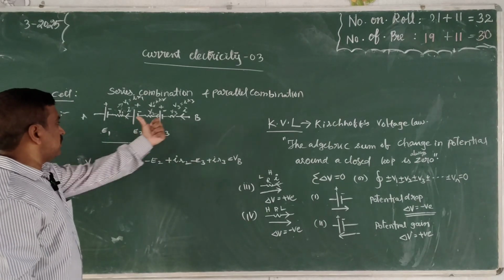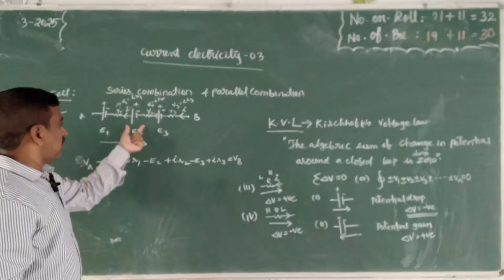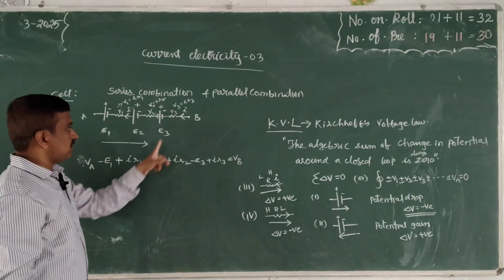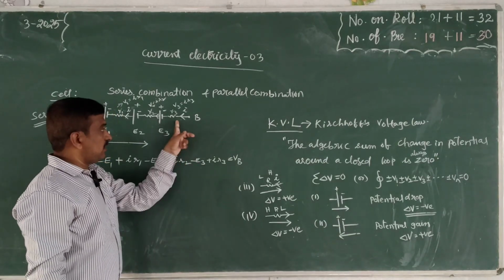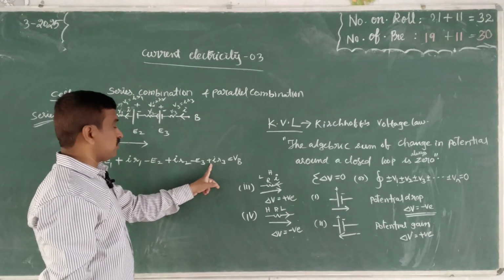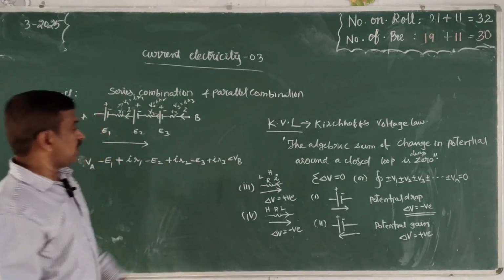Here we touch the positive terminal of the cell first, so we take minus E3. Across R3, V3 equals I R3, and with current and loop directions opposite we take plus.